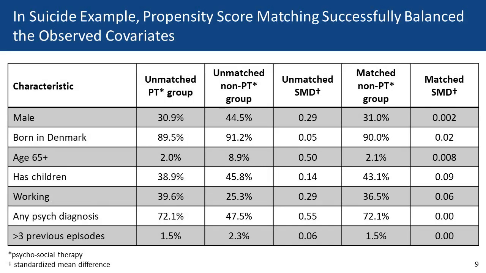So let's see what this looks like in our suicide example. This table shows what's called the covariate balance in the unmatched, or the original data, and then in our matched sample. I will walk us through just a few of these covariates. If we look at age 65 plus, we see 2% of the treatment group was over age 65, and about 8.9% was over age 65 in the full comparison group.